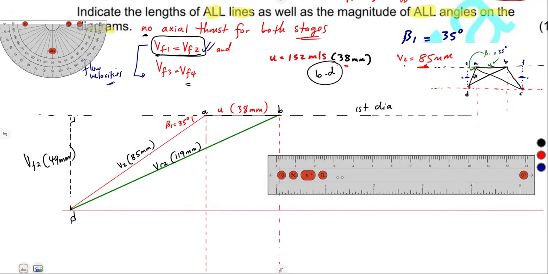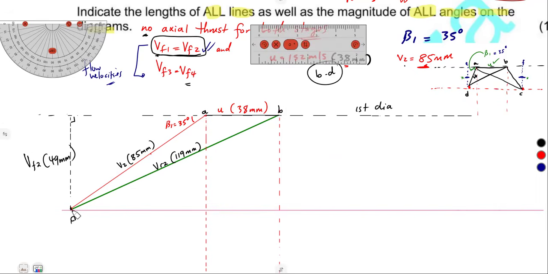We know that the point C lies somewhere on this horizontal view.